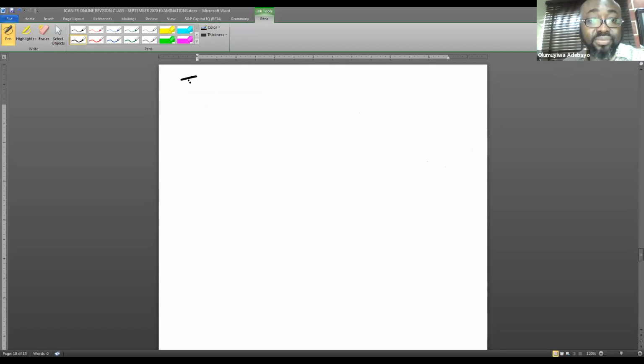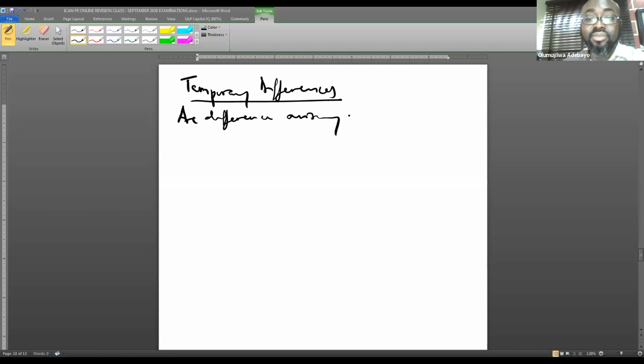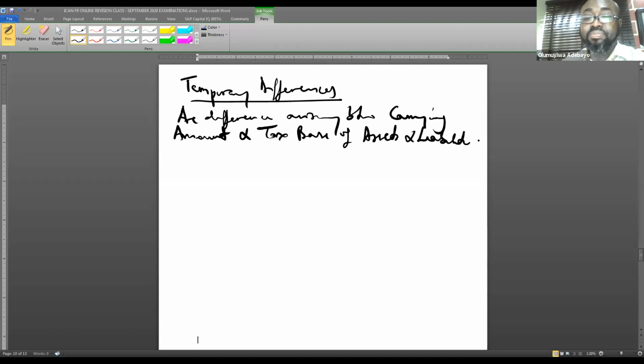Temporary differences. Now, temporary differences are differences arising between carrying amount and tax base of assets and liabilities.